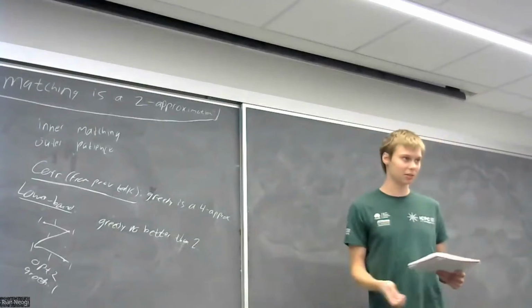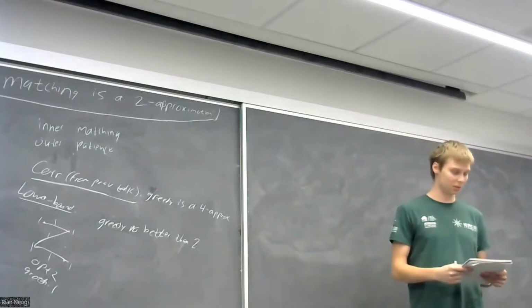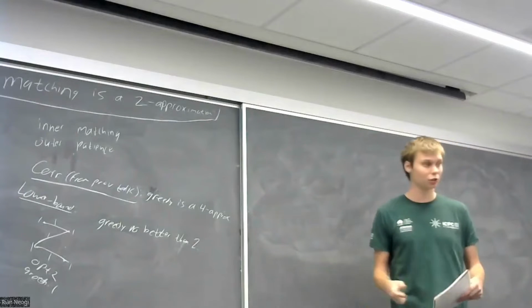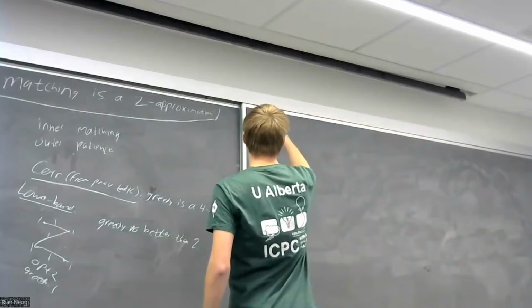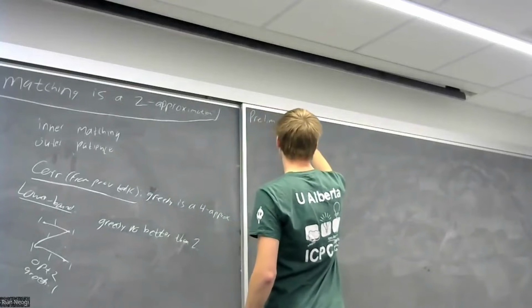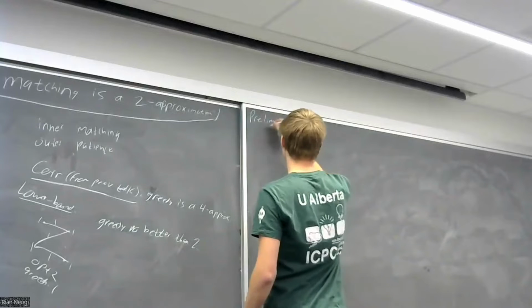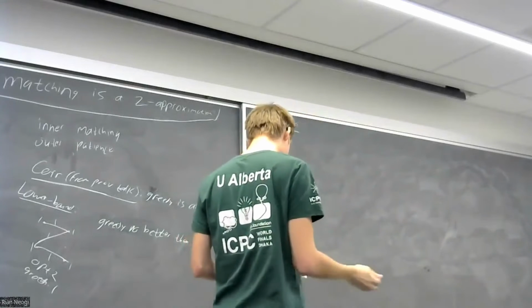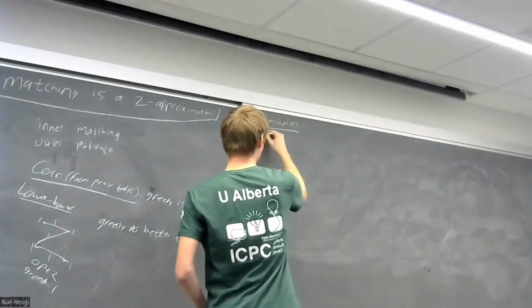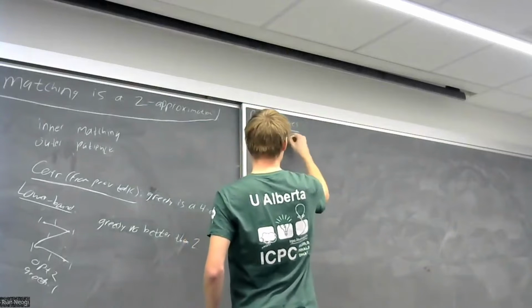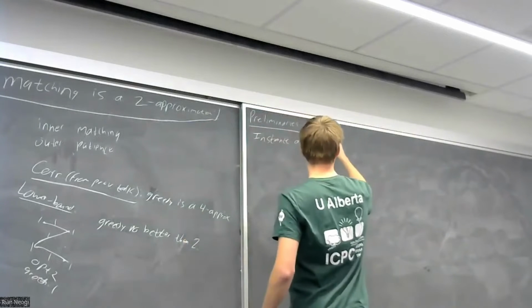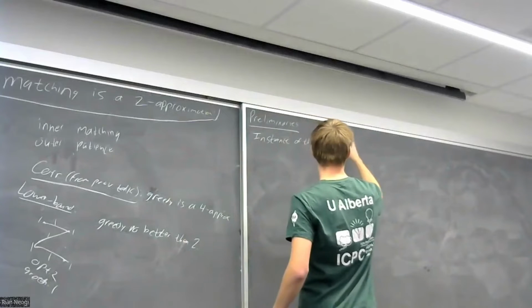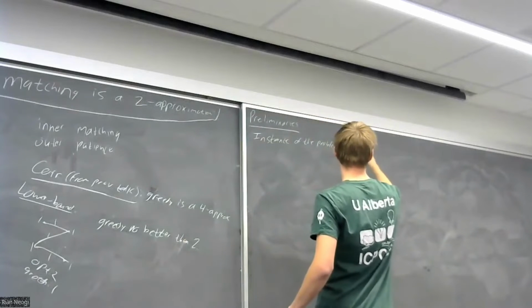So before we get into the analysis, I'll just give some preliminaries on notation and what we're going to look at. So what defines an instance of a problem? An instance of a problem, we're given a graph, we're given the probabilities, and we're given the patience values.